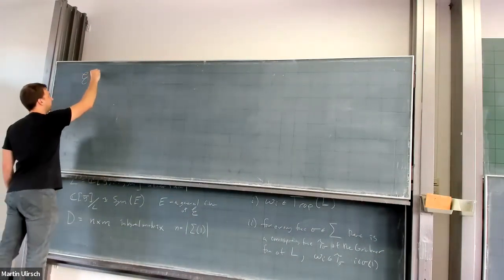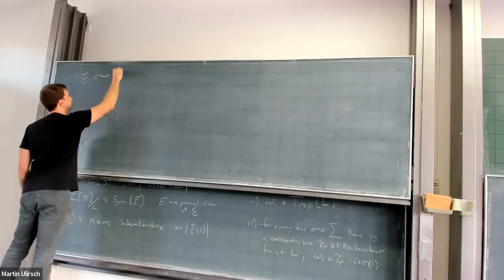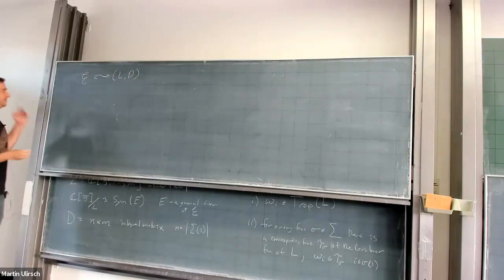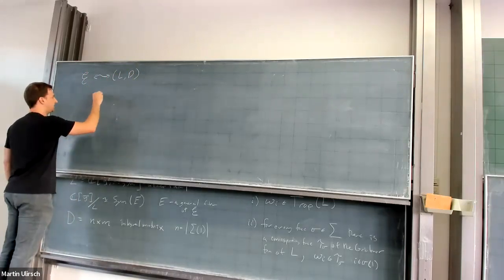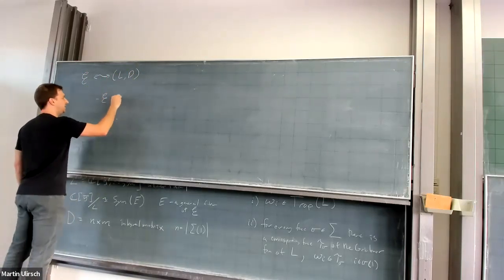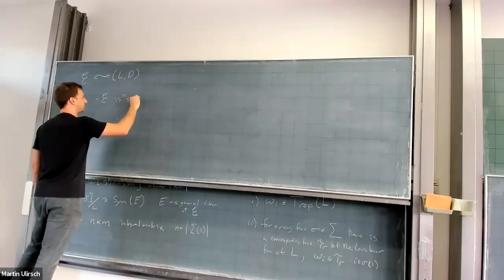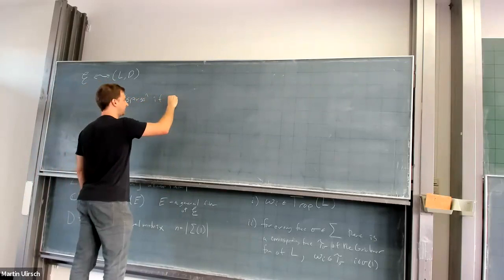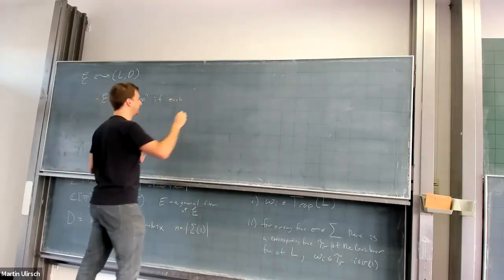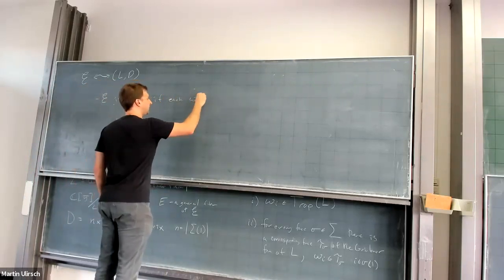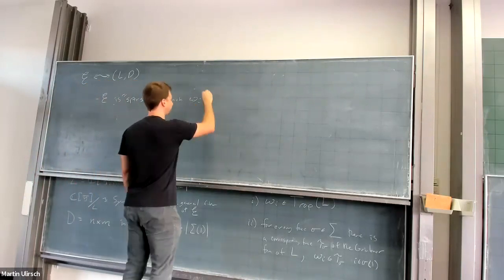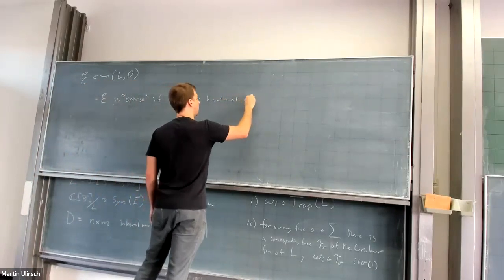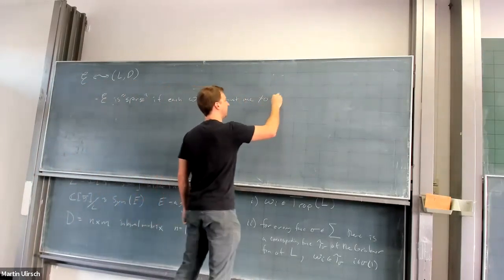So for the remainder of the talk, I'm going to assume L and D give your favorite toric vector bundle E. So we say E is sparse if each row of the diagram has at most one non-zero entry.